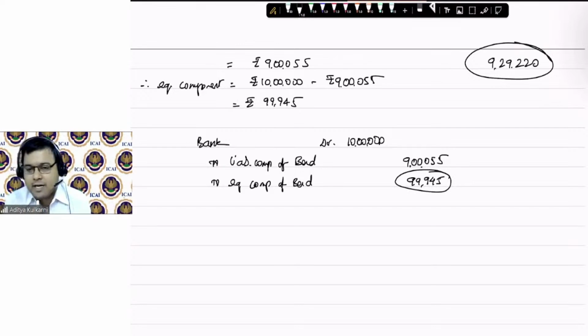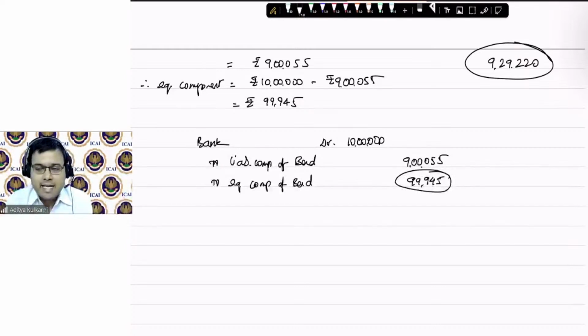Equity will always be a balancing figure, because I cannot independently value equity, as there is no continuous stream of cash flows that enables me to determine its value. So I have to base my valuations on the liability component of the bond. The liability component had a value of 9,29,000 provided it was a plain vanilla bond.